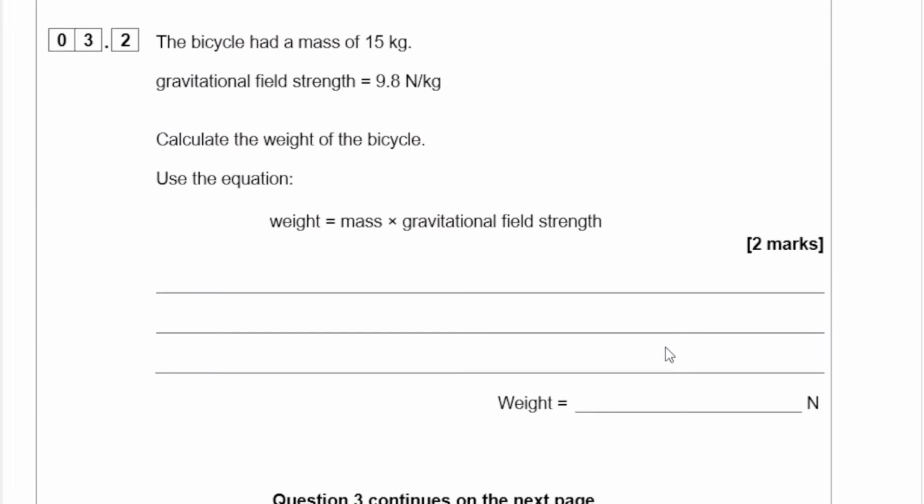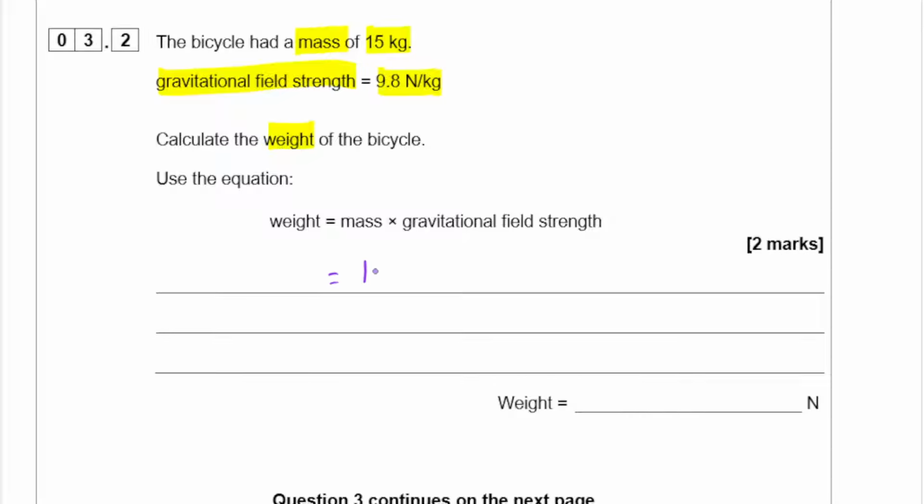The bicycle has a mass of 15 kilograms. So the mass is 15 kilograms. Gravitational field strength is 9.8. Calculate the weight of the bicycle. They have given you the equation weight equals mass multiplied by the gravitational field strength.